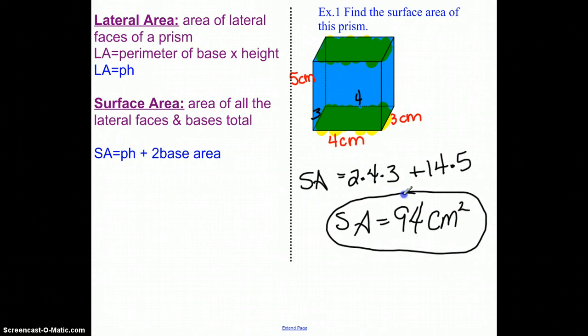Really what this is saying is if this were a box of cereal and I took it apart and measured the area of every single rectangle that made it up and added them all together, it would give me 94. So remember, this is 2 times the area of the bases plus the perimeter times the height. That's the formula that you're using.